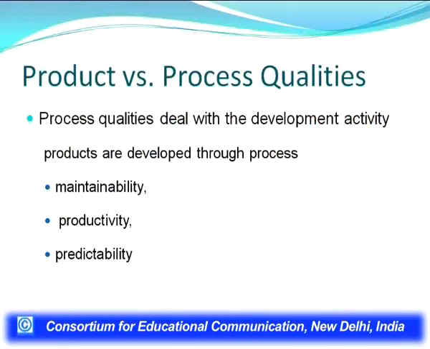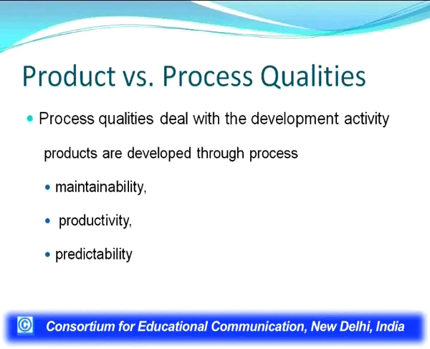Another thing is that the process qualities deal with the development activity. Products are developed through different processes, as we have just given with maintainability. Now another is productivity. In the process of that productivity, how things are going to be developed.